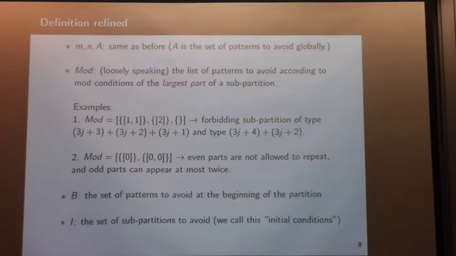Okay. So we also introduced the set of patterns to avoid at the very beginning. I, the set of subpartitions to avoid. We call this initial conditions. Usually I is just something small, like this.